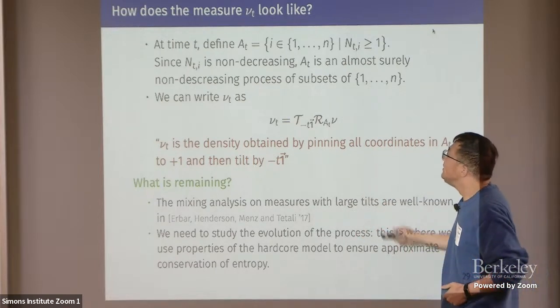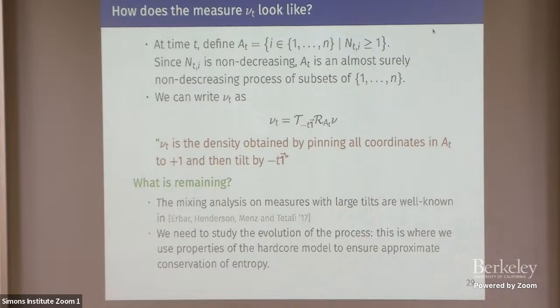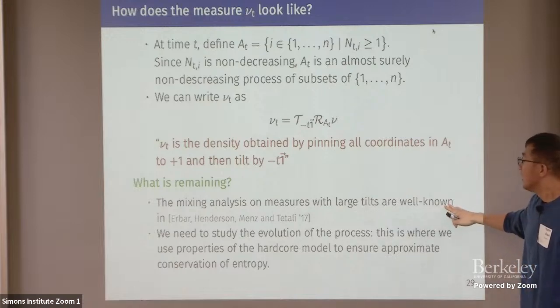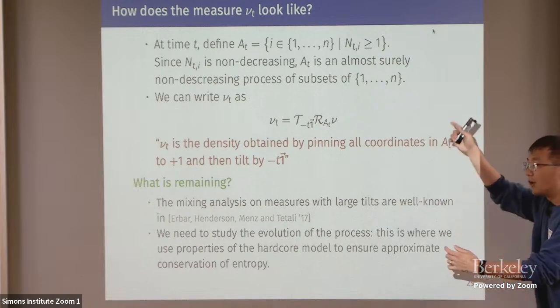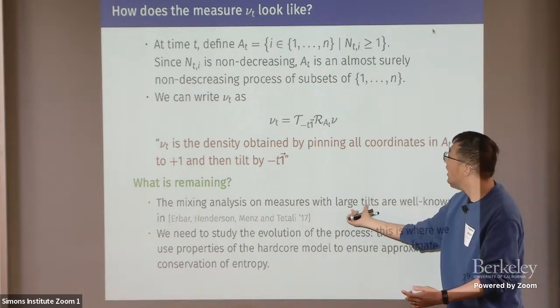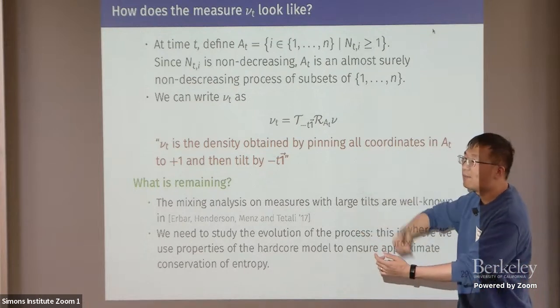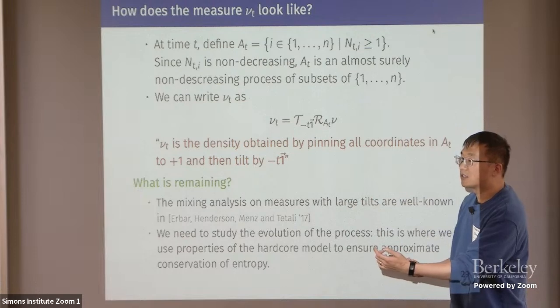And it turns out it's enough to analyze the mixing time of Glauber dynamics for sampling the hardcore model. I don't have time to show this, but you need two things to make this localization scheme framework work. For large time, you need the mixing time analysis to be easy, or it's easy to prove the modified log Sobolev inequality.